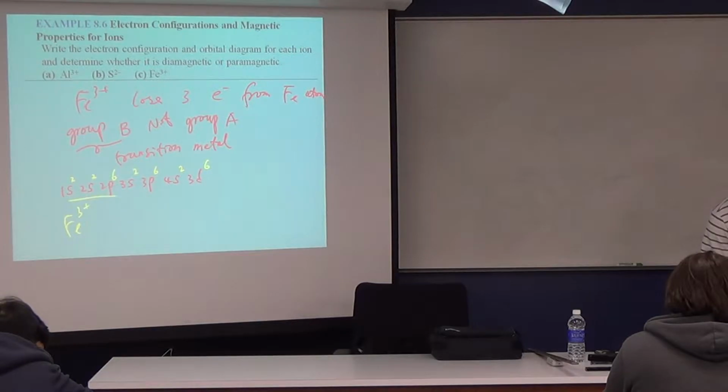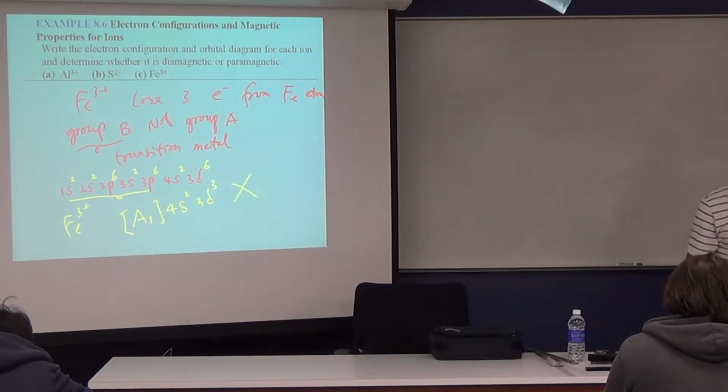Okay? If I use noble gas notation to write, so this part is argon. So I'm going to just write this is argon. And you will see if you write something like this, you need to take 3 electrons away, and you become like this, and this is totally wrong.